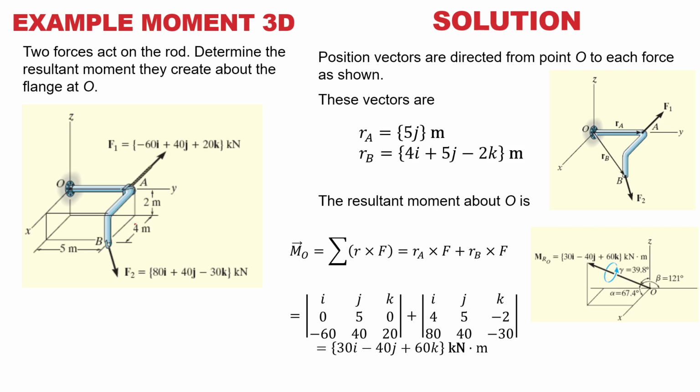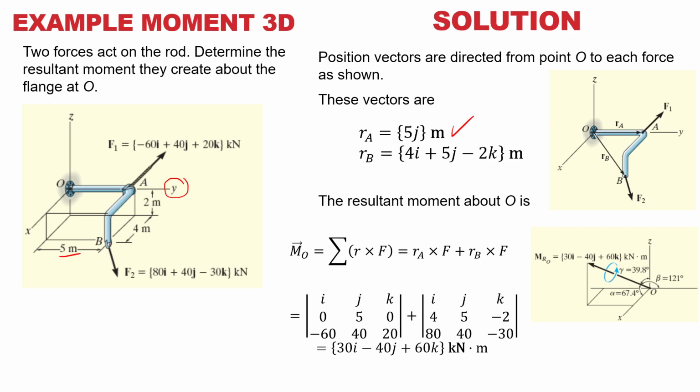There are two forces. F1 is in I, J and K. F2 is in I, J and K. No problem. Position A, RA is 5J. Positive 5 meter on the Y axis. Y is J, right? So RA is 5J.